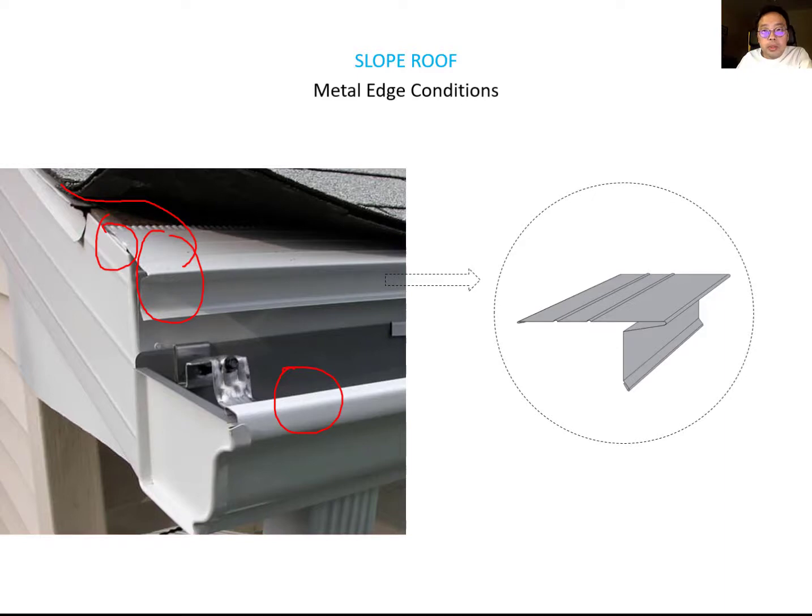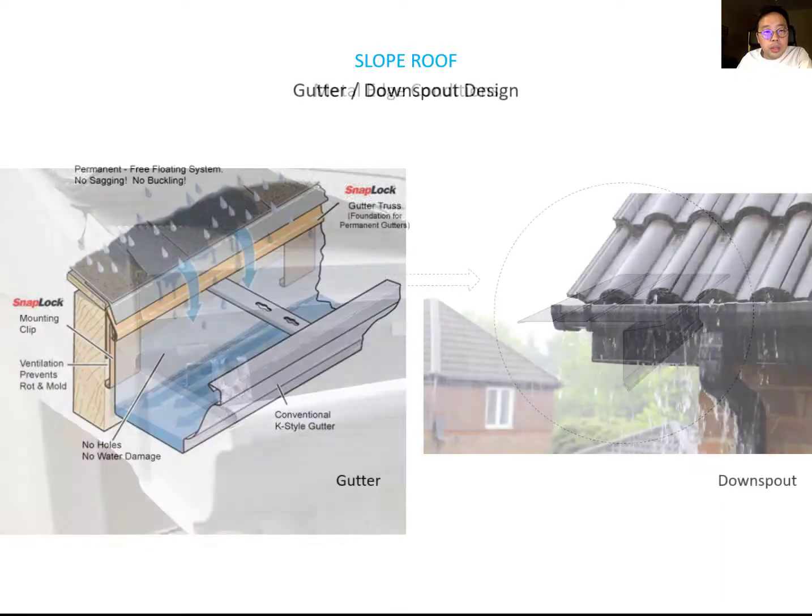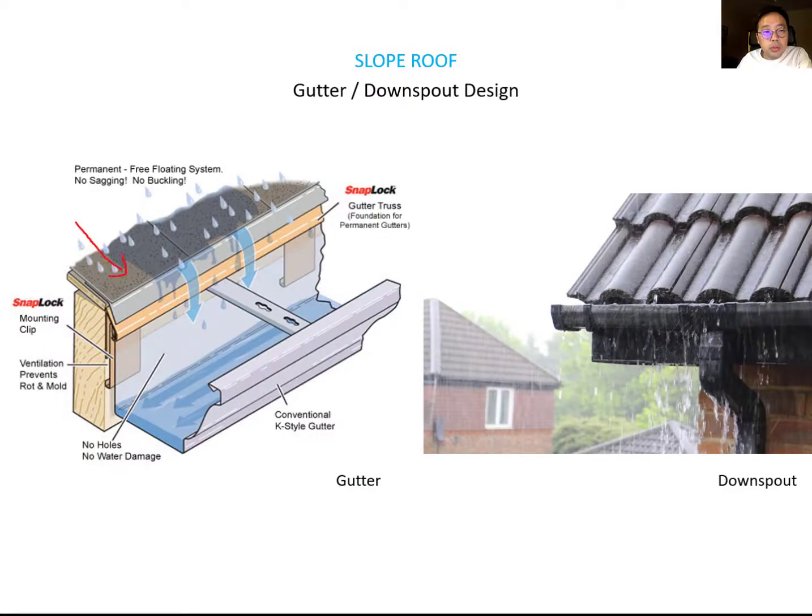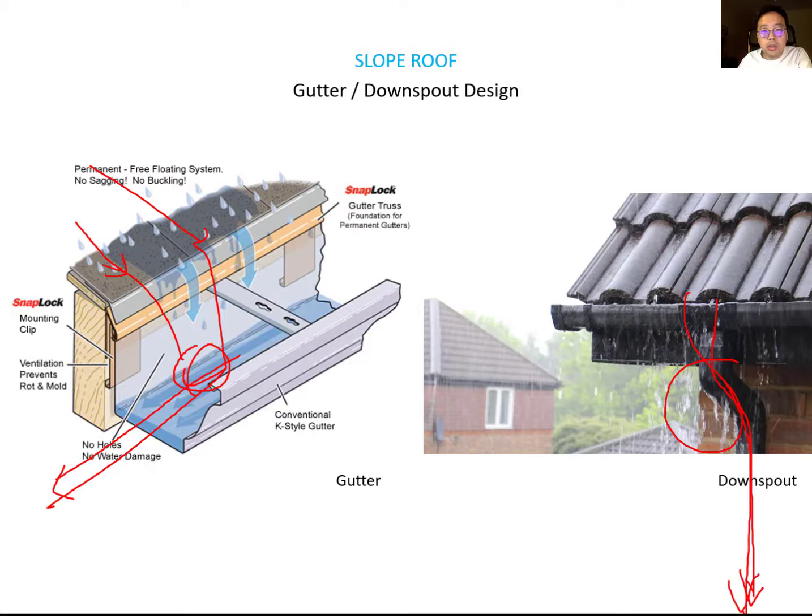What about the gutter? Usually from the slope you can collect all the water through this gutter, and then this gutter flows into the downspout, and then the downspout is connected to the earth, and also you can connect it to the public sewer, and then the water gets out of the roof.